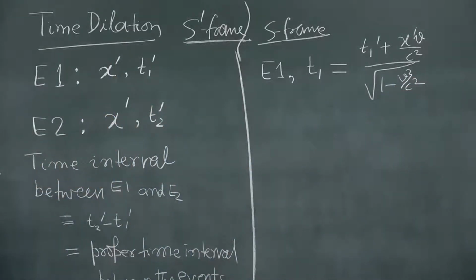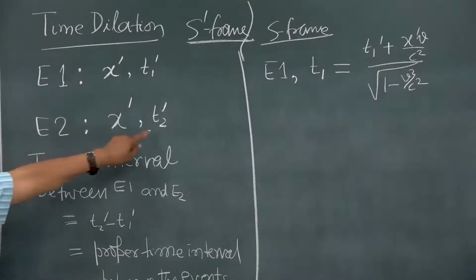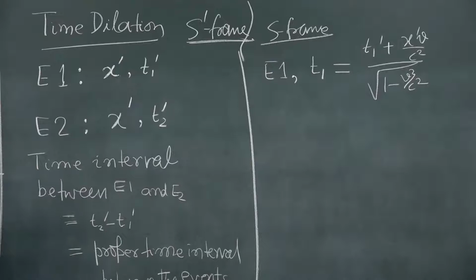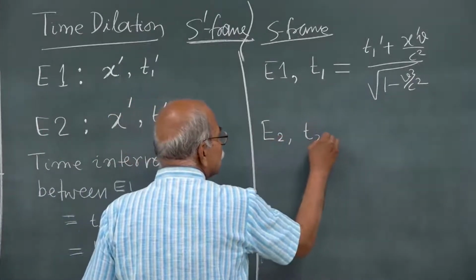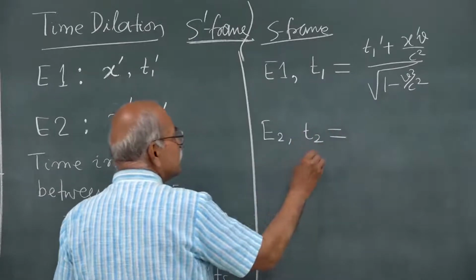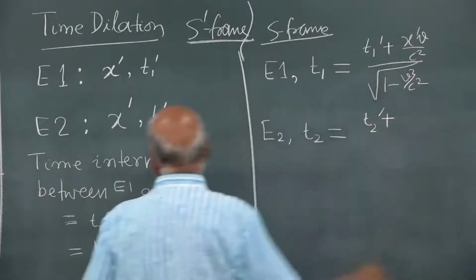And then the second event. For the second event, what is the time? When did it occur, as seen from the S frame? Here it is T2 prime, and in the S frame that time will be T2. So T2 will be similarly T2 prime plus x prime.